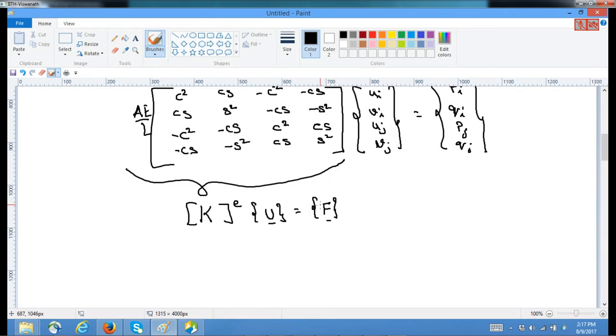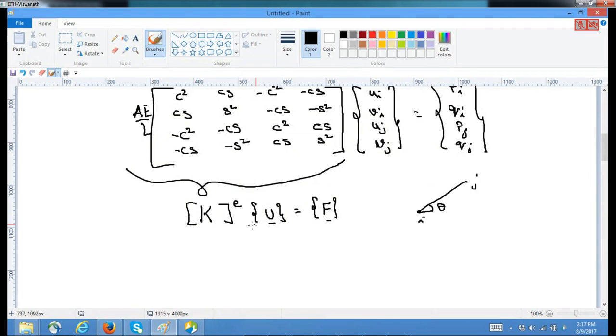So K u equals F form, for this given element, which is an inclined element ij, and this theta is quite arbitrary, or generic in nature. So this is applicable for any inclined member.